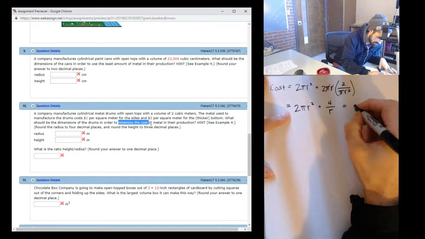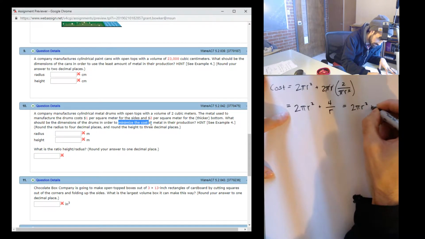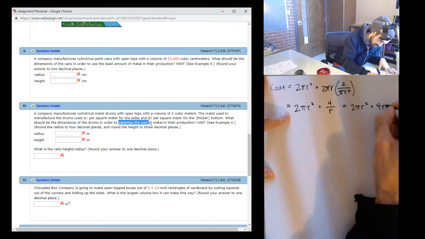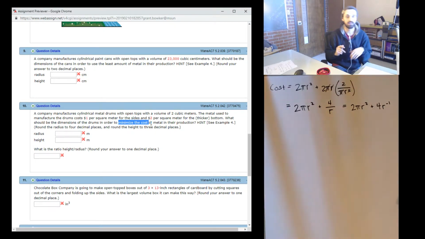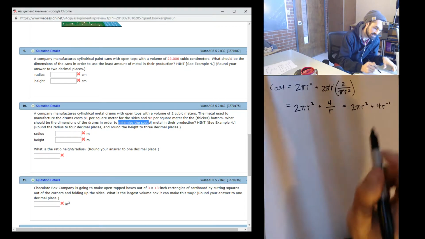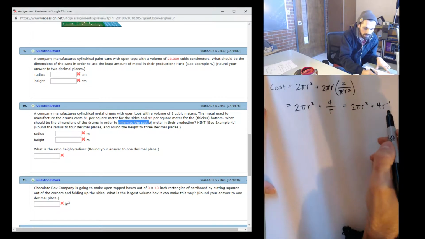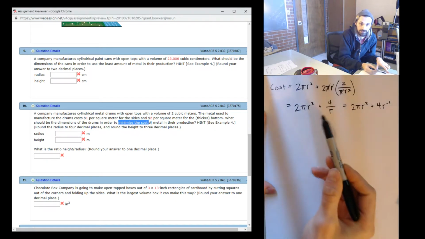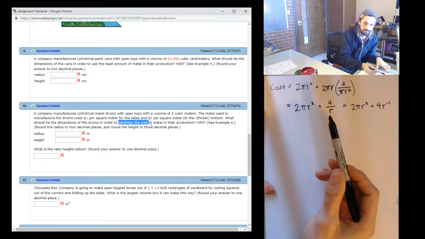Let's go ahead and rewrite this as 2 pi r squared plus 4 times r to the negative 1. I'm simply doing that because I know I'm going to have to take the derivative, so I'll want to utilize the power rule. So I need to shove this r up into the numerator position as opposed to the denominator position.